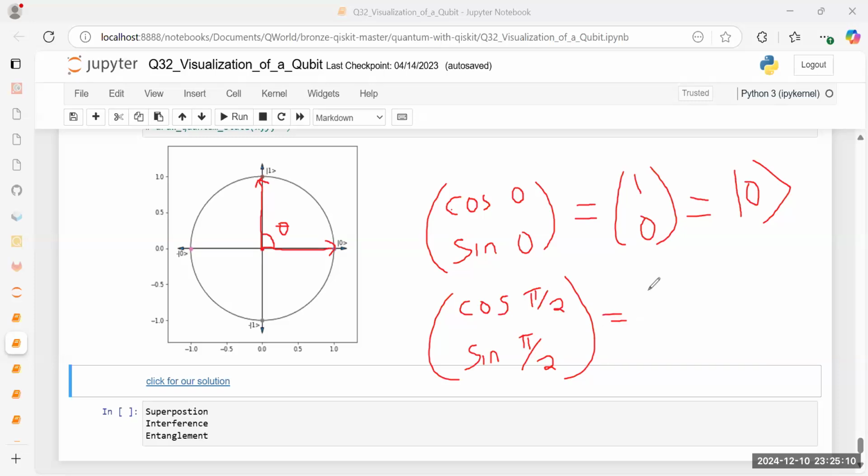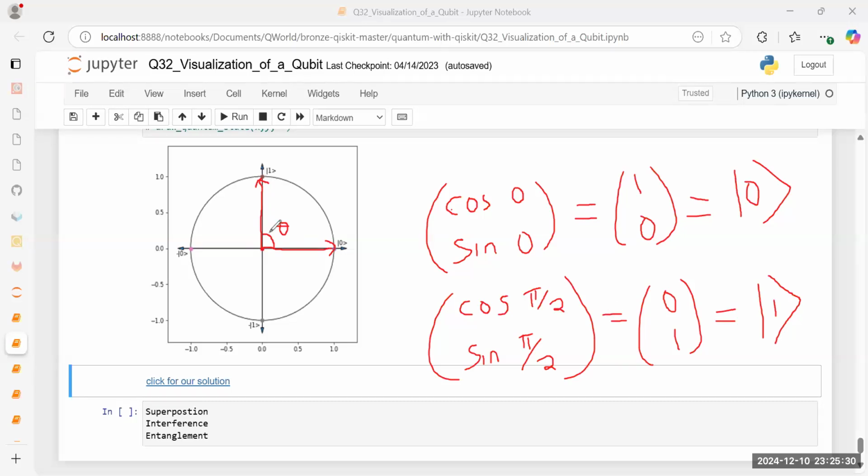If we calculate these values, what we get from this is going to be 0, and what we get from this is going to be 1. And this is the 1 state as we know it.